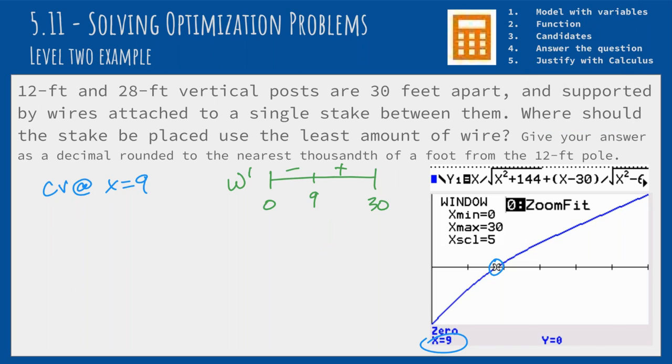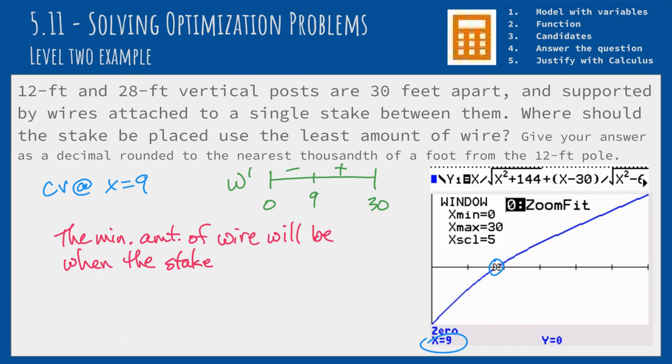So we're going to say the minimum amount of wire will be when the stake is 9 feet. Don't forget to include units.